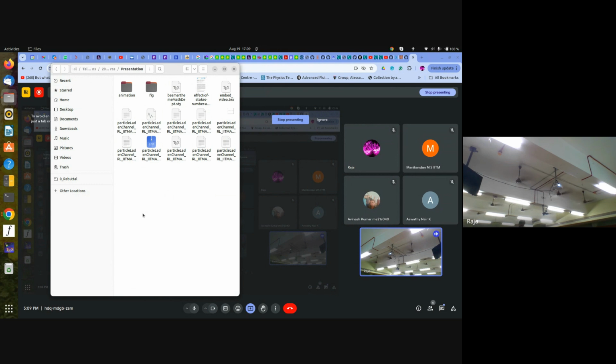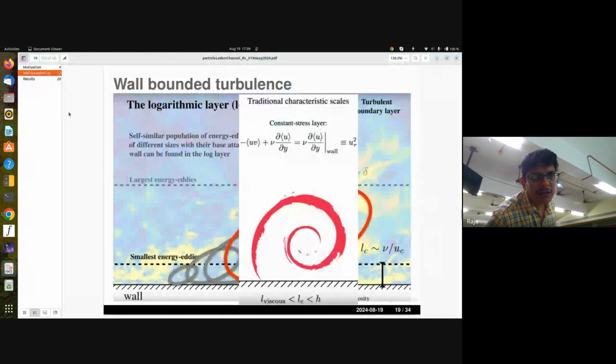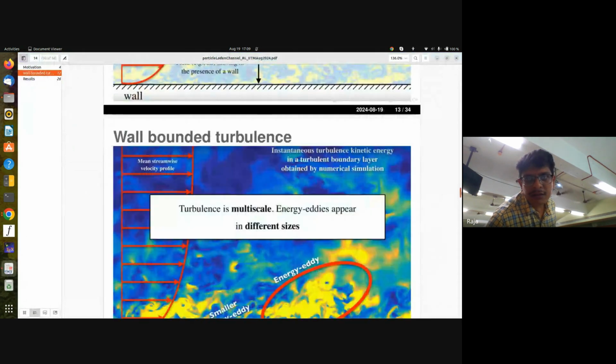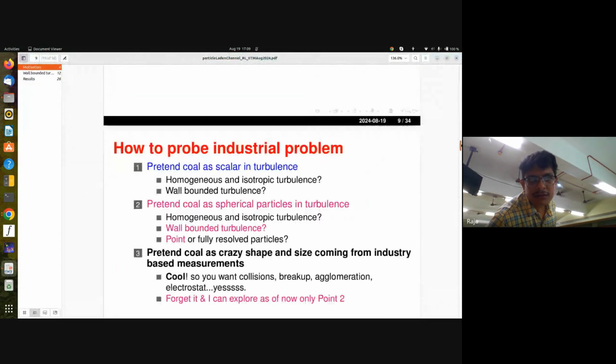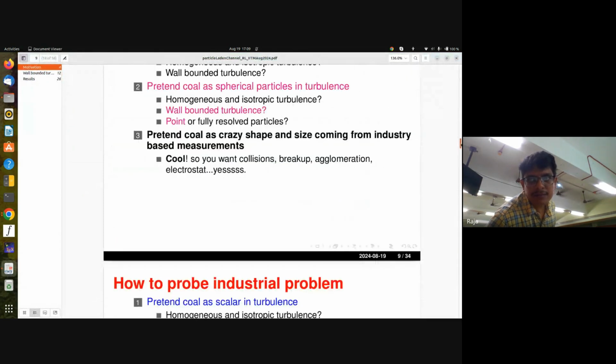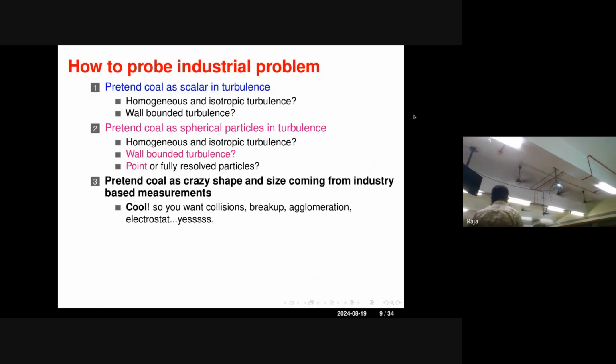That's the question I was trying to ask. The bigger question is not about whether particles bounce on the wall or not.